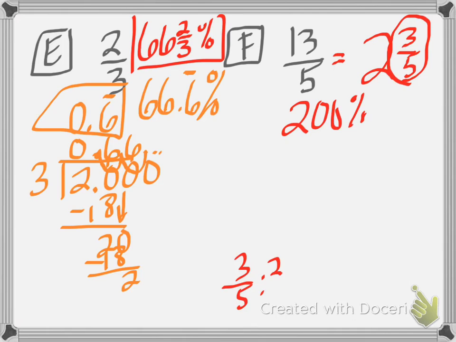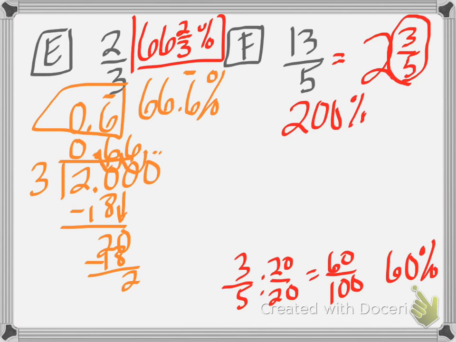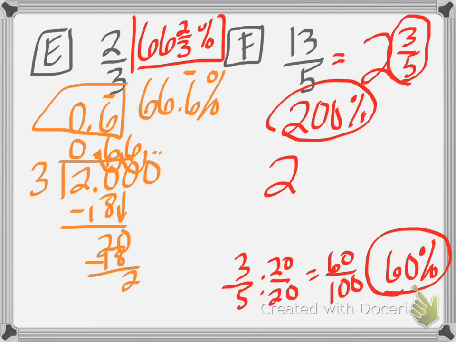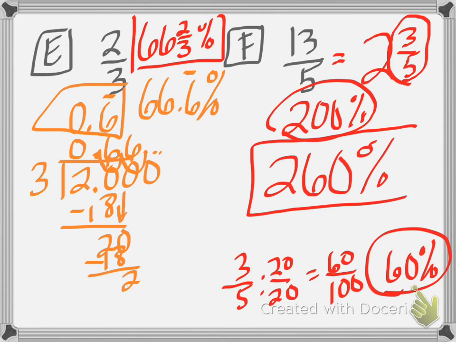So I'm going to multiply it by 20 over 20. And I get 60 over 100. So that's 60%. So I can take my 200% and my 60% and make it 260%. It's okay to have a percent over 100. We're going to talk about that in the real world, how that's like a markup.